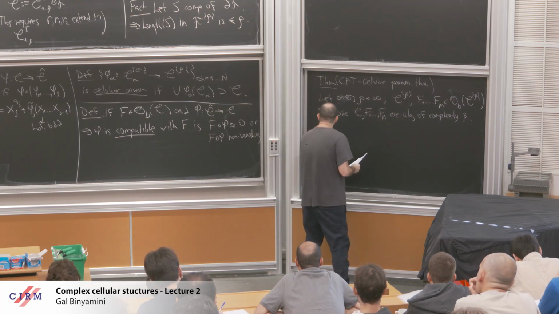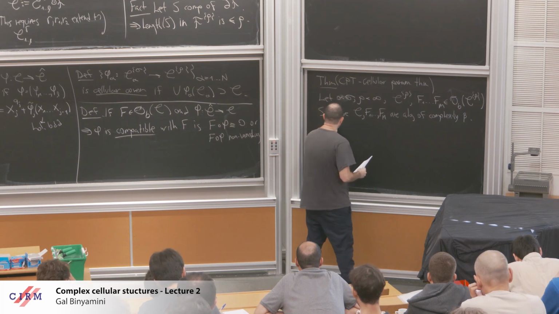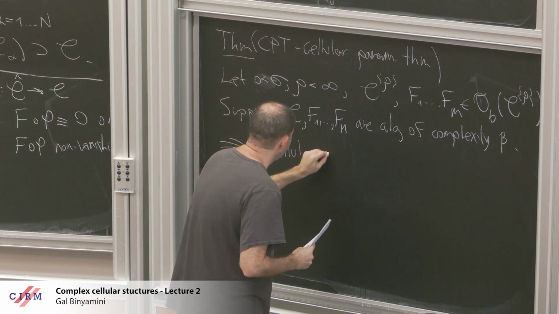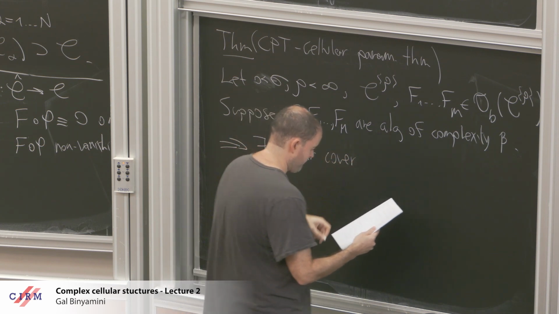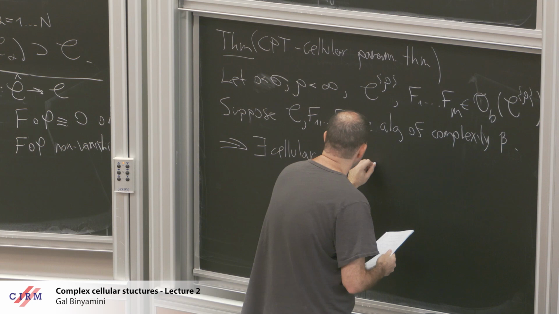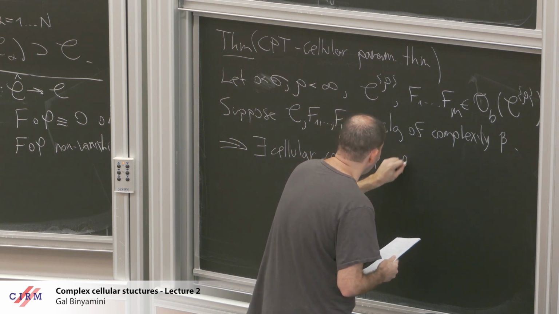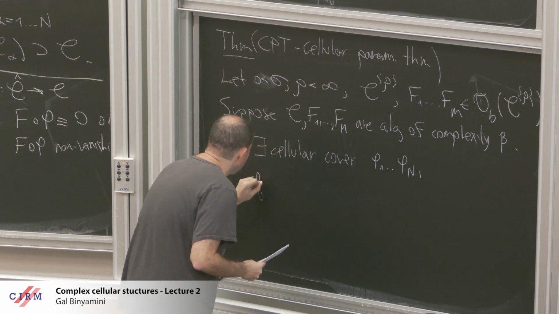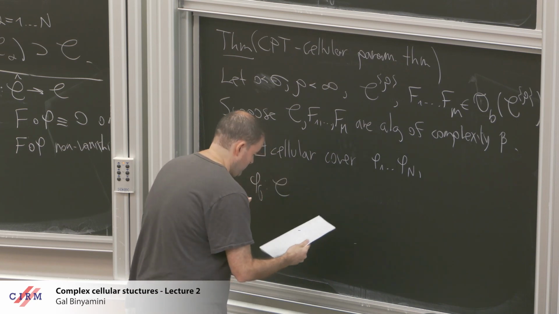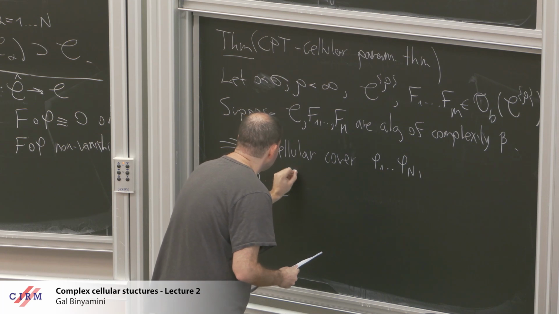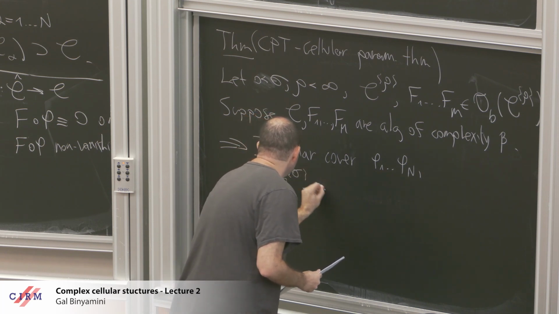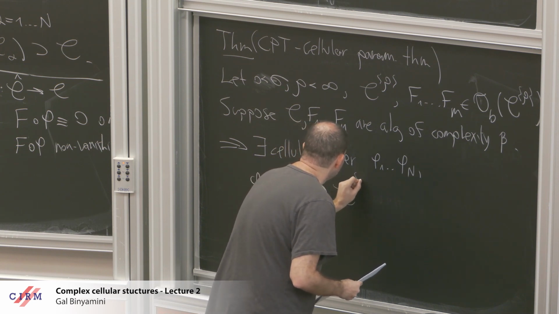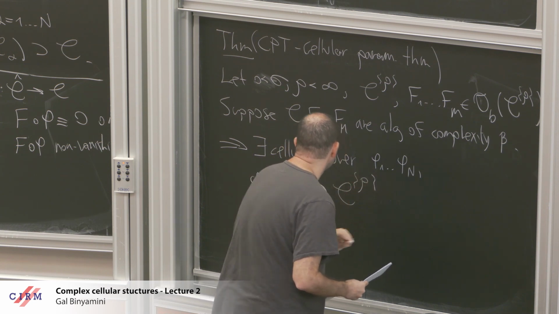Thank you. Okay, and then the claim is that there exists a cellular cover phi 1 up to phi n, where phi j goes from some sigma extension into our cell.